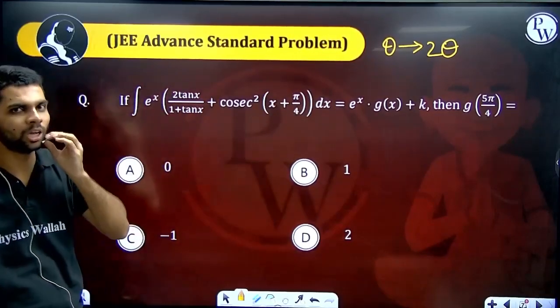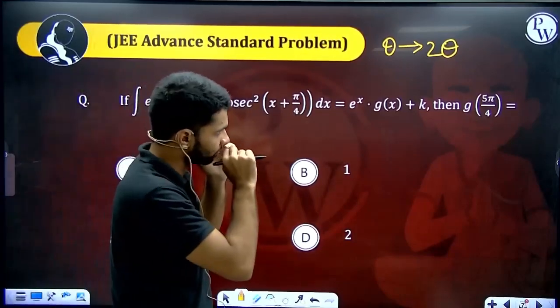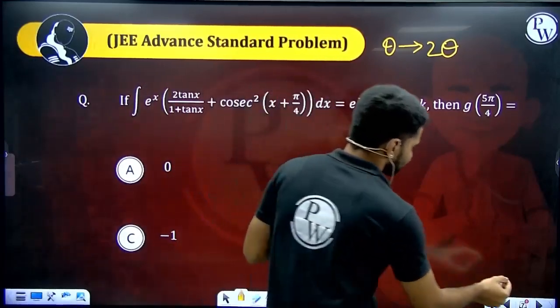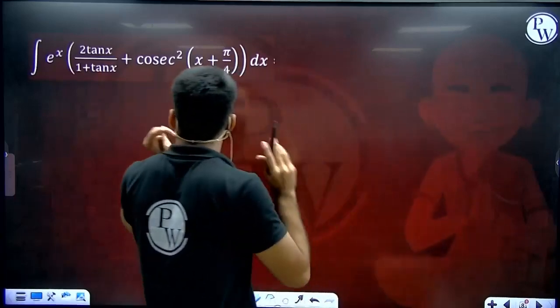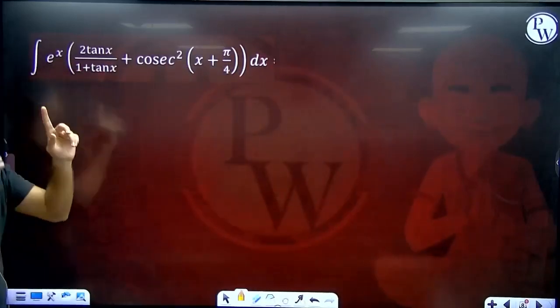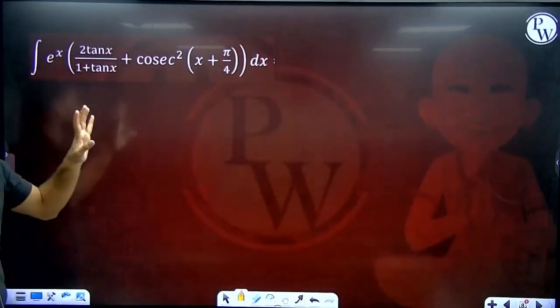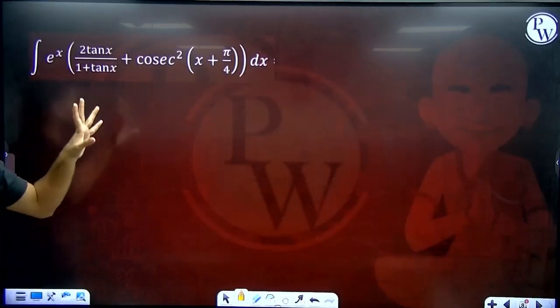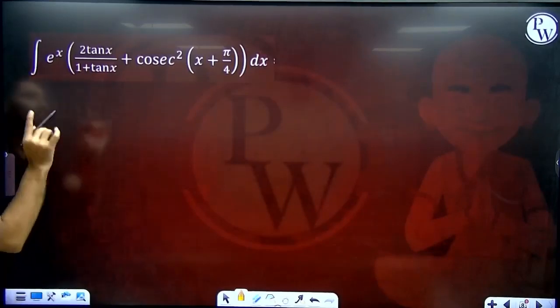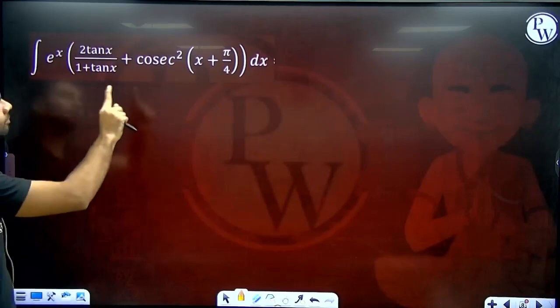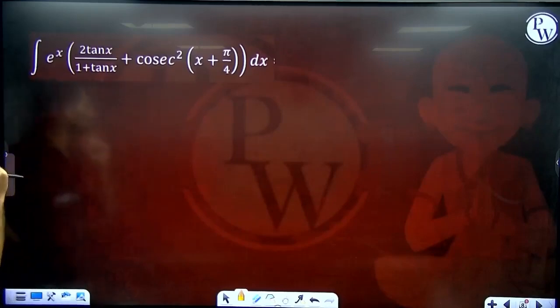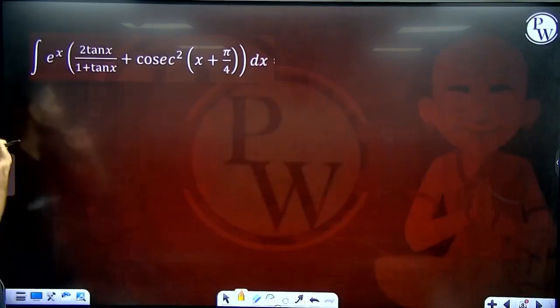Allied angle formula. I have taken a snippet of that in the next slide also, so that it is easy for me to solve. So we have understood till now that we have to convert theta to 2 theta. Now how to do it? Cosec square.